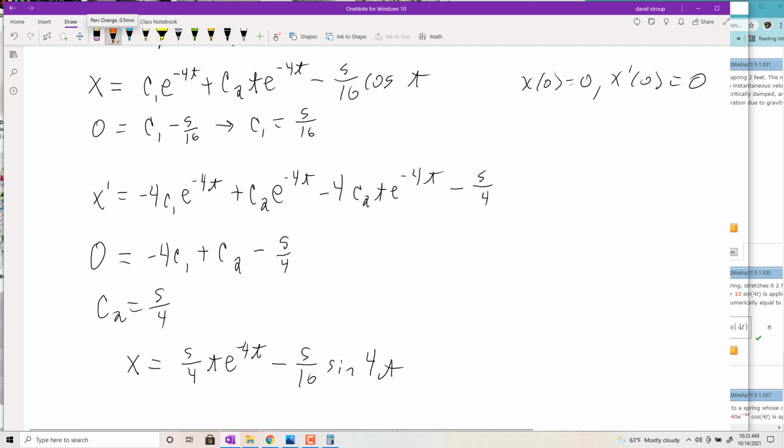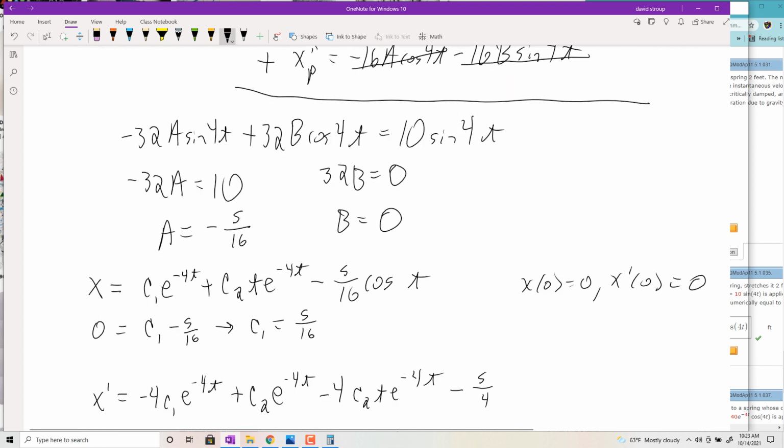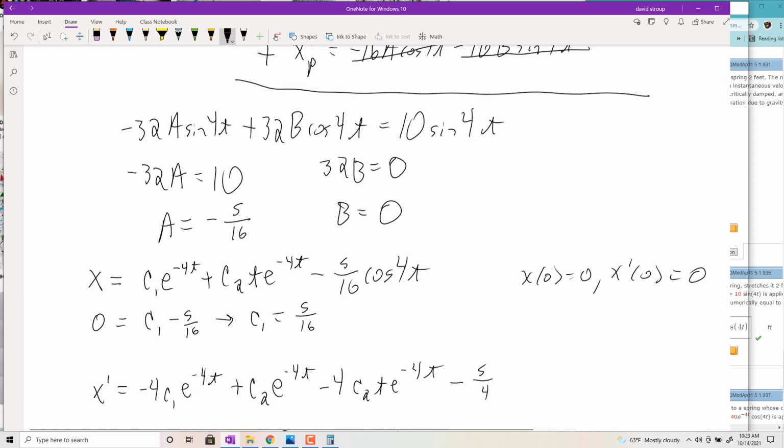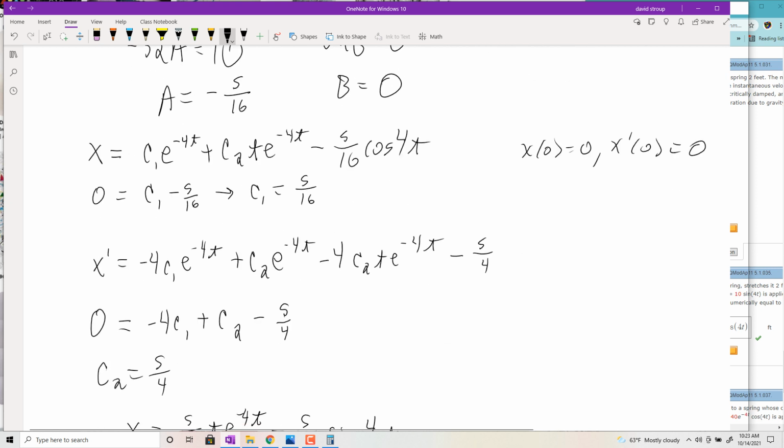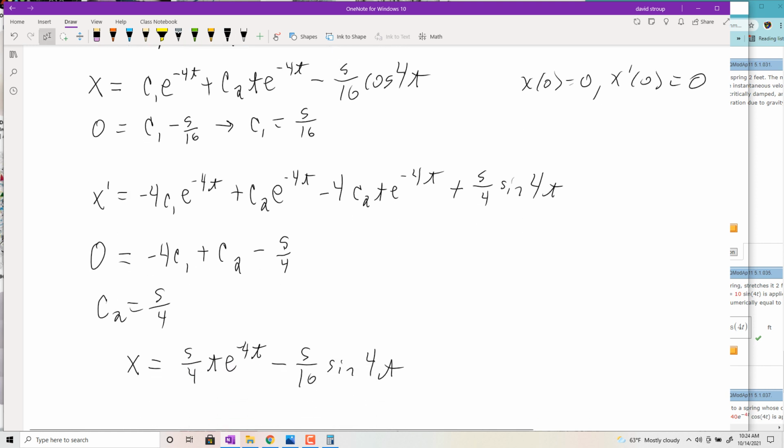Okay, so it's the derivative of negative 5/16 cosine. And it should be 4t? Yeah, there should be a 4 in there. So chain rule times 4, that's fine, then sine 4t. But it was a cosine first, so it'll become positive from the derivative. And then this will be plus.